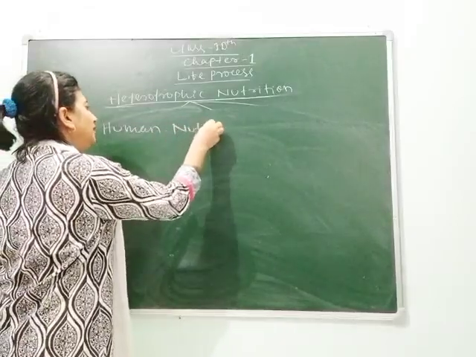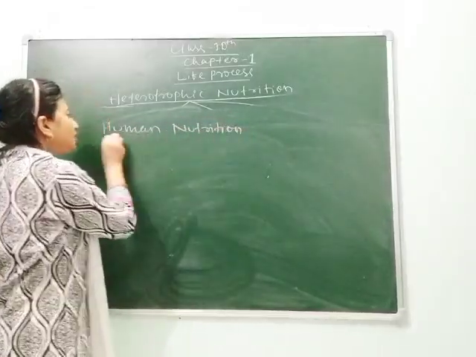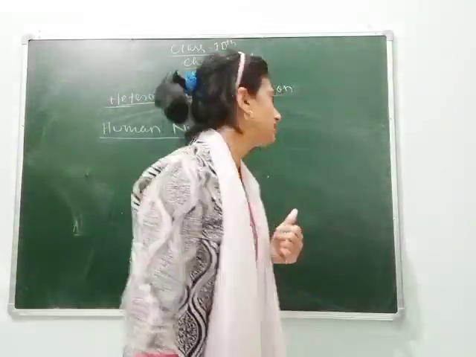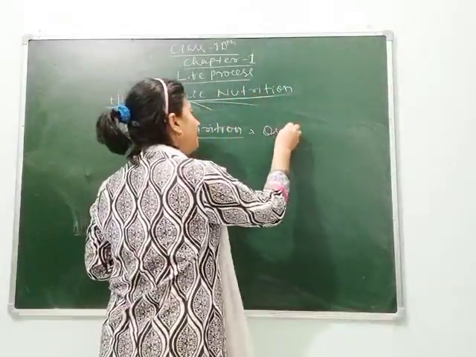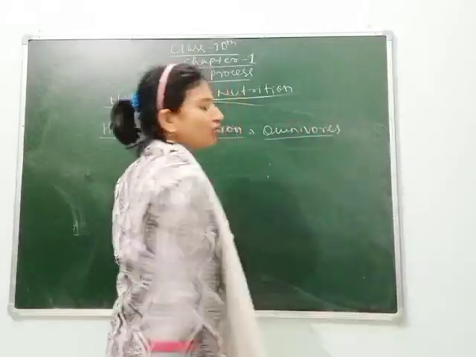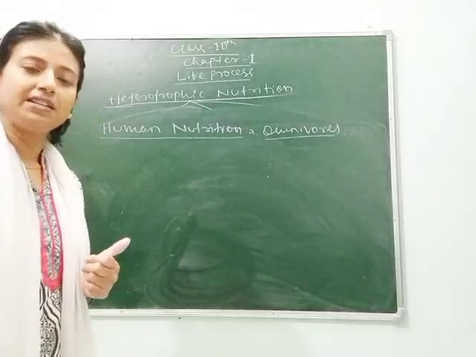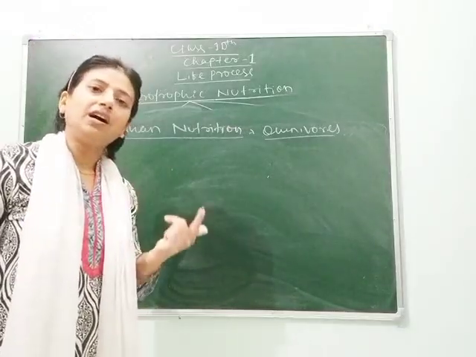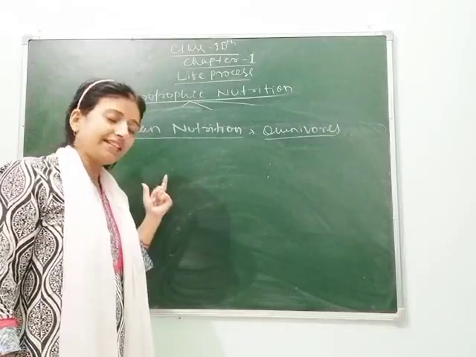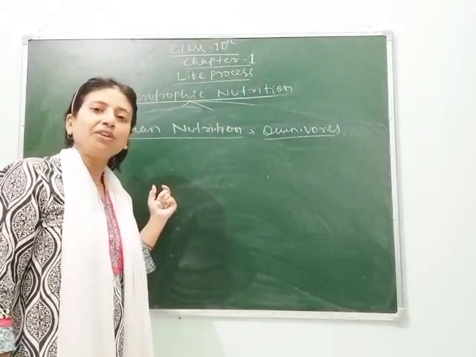Human nutrition. As we know, human is a multicellular organism and omnivorous. Omnivorous means those who take both meat and herbs and plant products. So we can say that human beings are omnivorous.